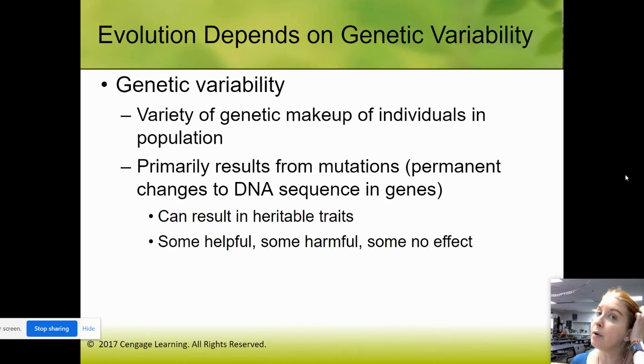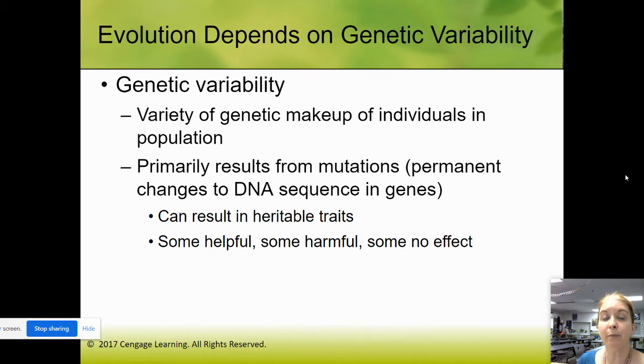Most genetic variability results from mutations, and these are permanent changes to the DNA sequence in your genes. They can result in heritable traits, so things you get from your mom and your dad. Some are helpful, some are harmful, and some have no effect. Most mutations are going to have no effect, if you remember back to freshman year.